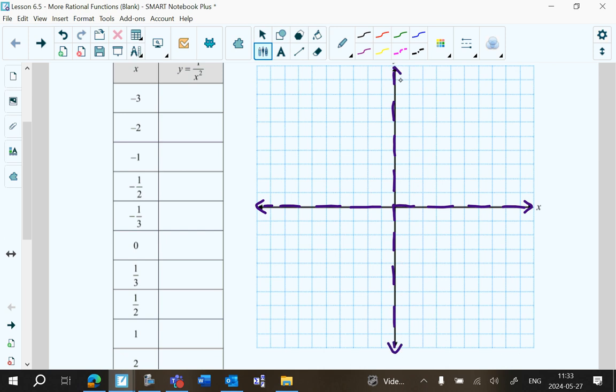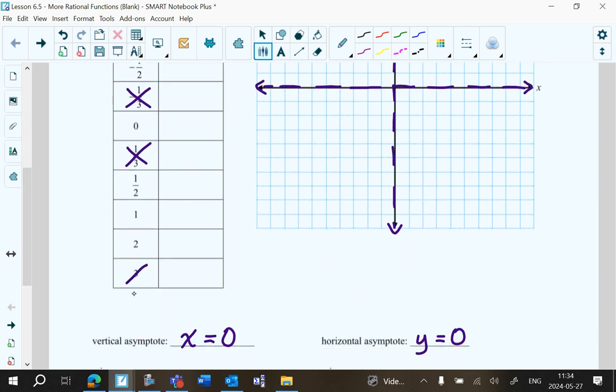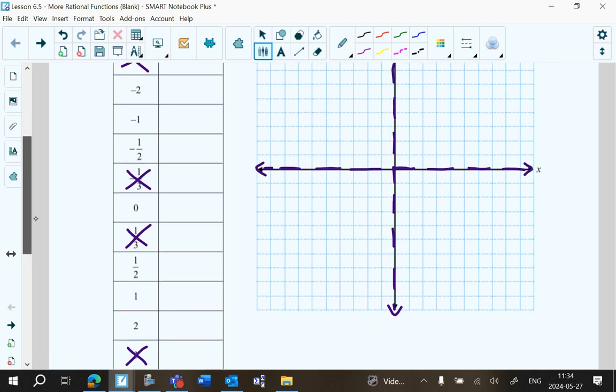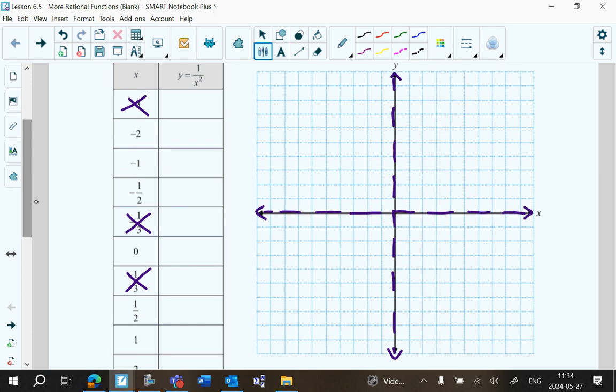Now, to see what it looks like, I gave you a whole bunch of different values of x to plug in. But let's, you know what? I don't think we have to worry about so many of them. Let's take these ones out. Let's take the 3s and 1/3 out. We can save ourselves a little bit of time.